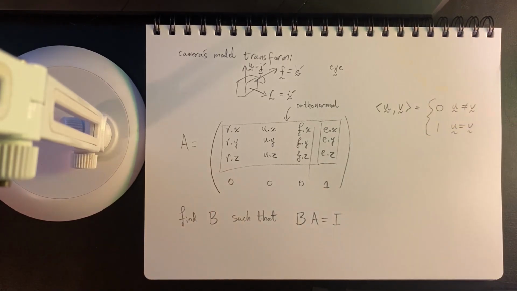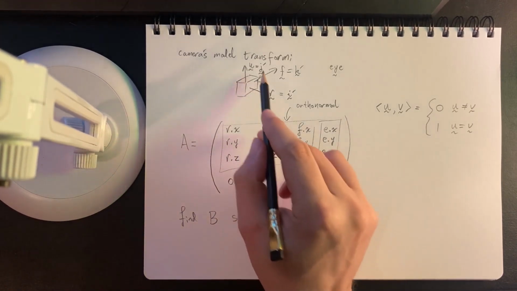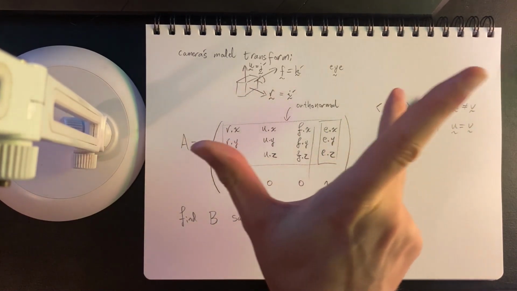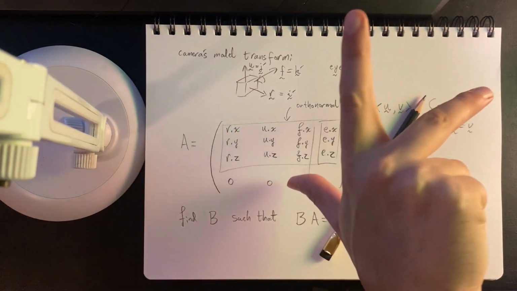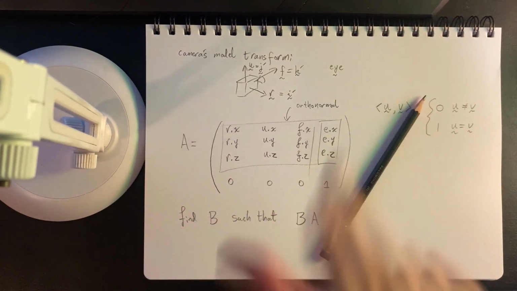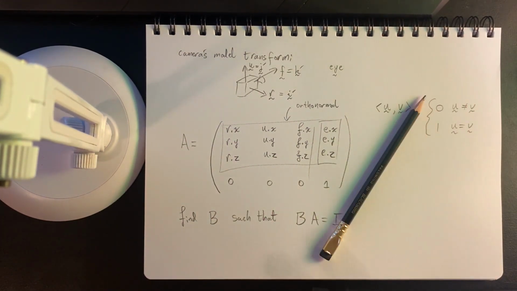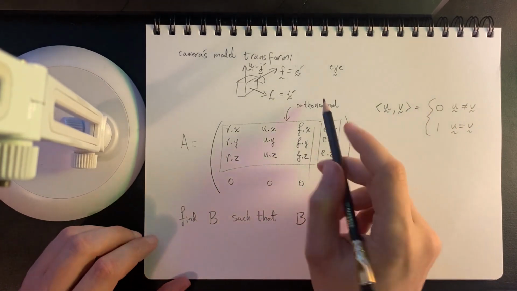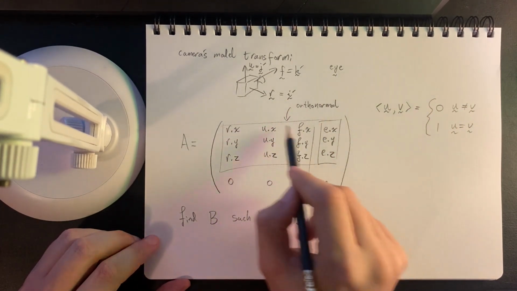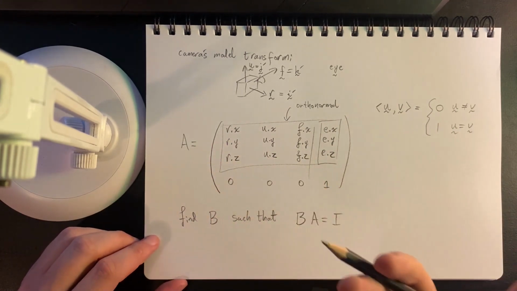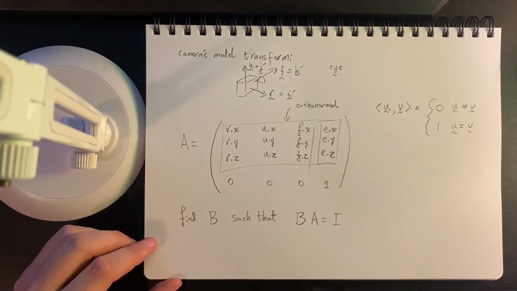Another way to think about this is that the vectors have unit length, a length of 1, and they are completely orthogonal, completely perpendicular to each other. They have nothing in common, which you would imagine if you were to look at this coordinate system. Like your three fingers, they have no parallel components with each other, and they all have unit length. So because they're orthonormal, the inverse of this rotation component is the transpose of that 3 by 3.